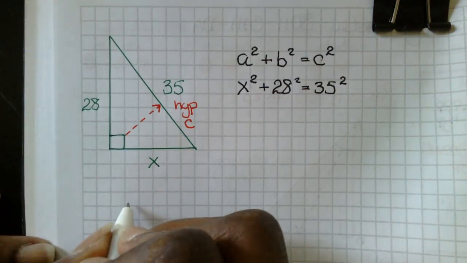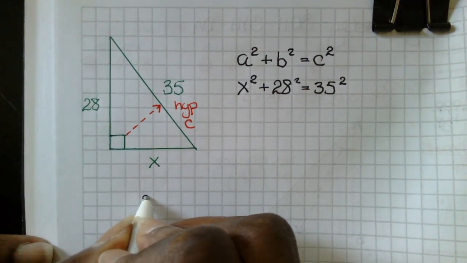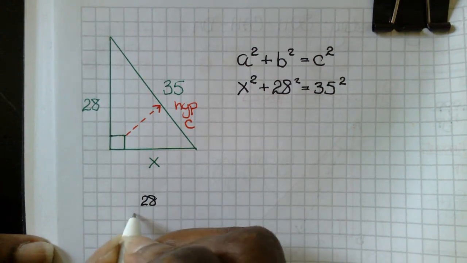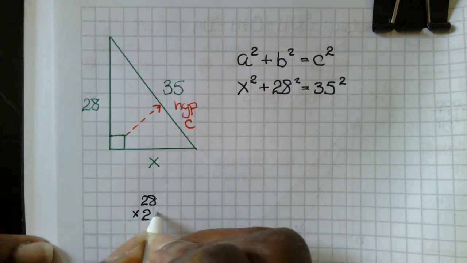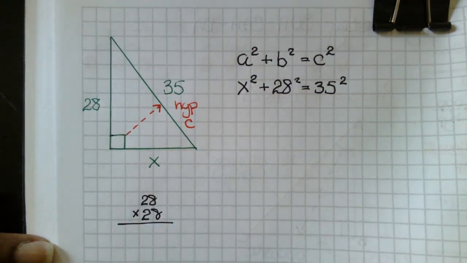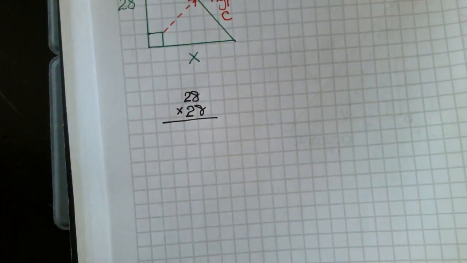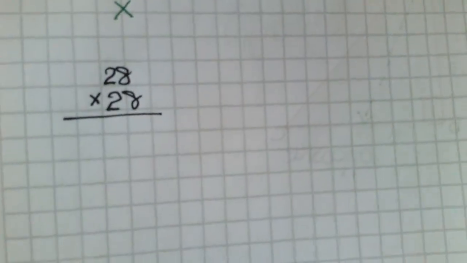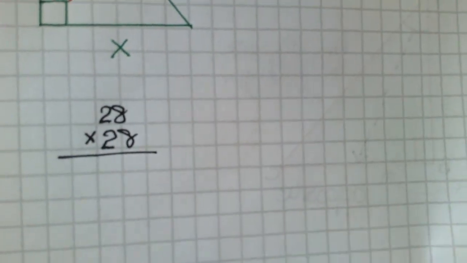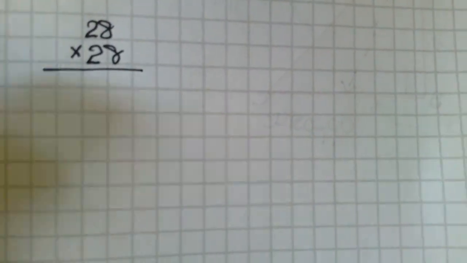That means I'm going to put it down here, that's going to be our 28 times our 28. Some of these exams you cannot use a calculator, so we're going to have to figure it out. So 8 times 8 gives us 64. Carry the 6. Okay, 2 times 8 gives me 16 plus the 6 gives me, what, 22?